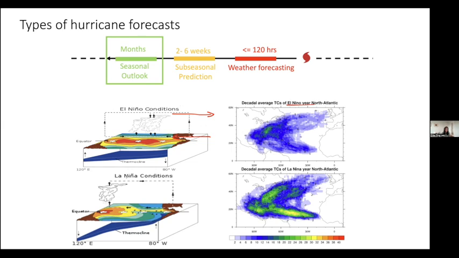On the other hand, during a La Nina year, there's no suppression, and you have reduced vertical wind shear and other favorable conditions. As a result, we have increased hurricane activity in the North Atlantic.